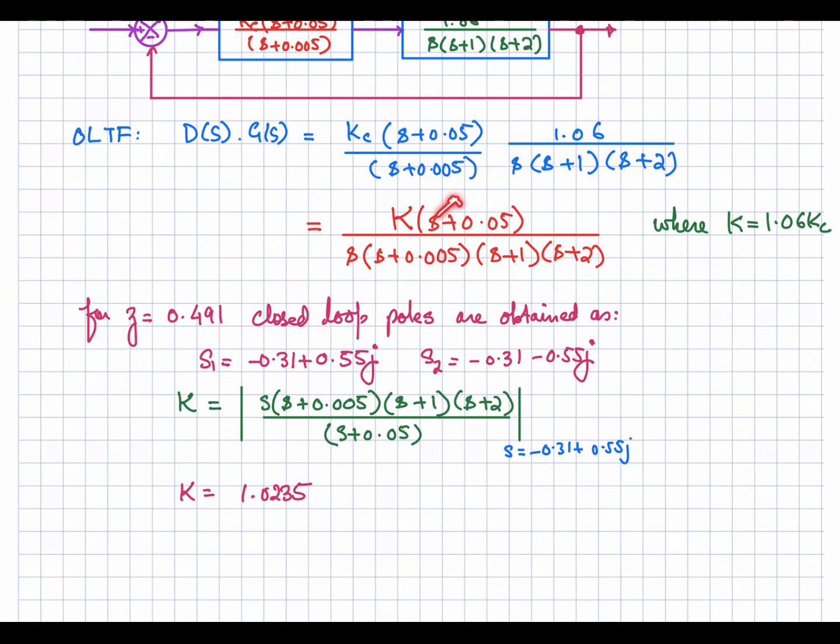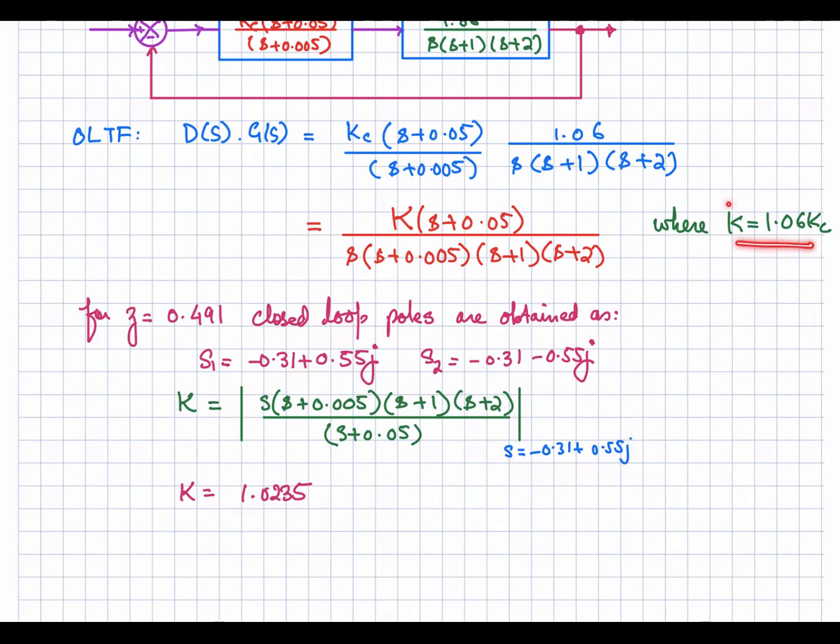So we can find what the gain K should be. You can observe over here that if we take s equal to minus 0.31 plus 0.55j, which is one of the desired poles, you will get K equal to 1.0235.